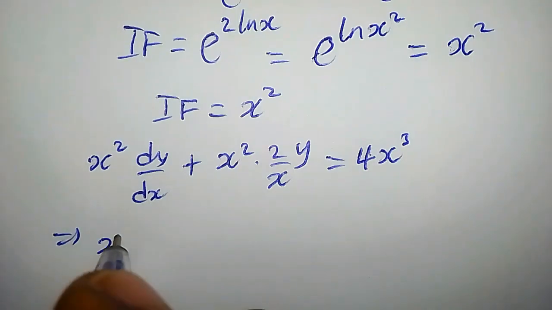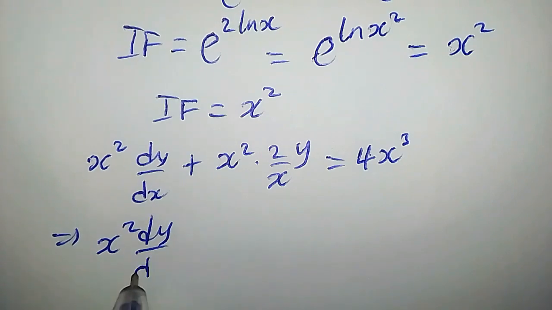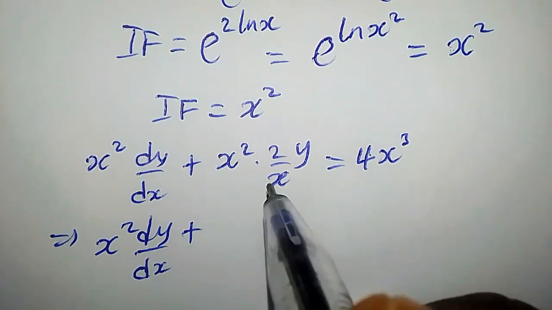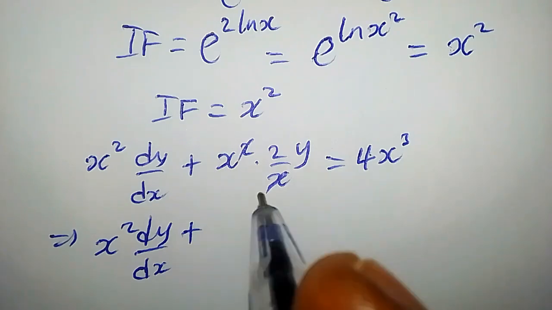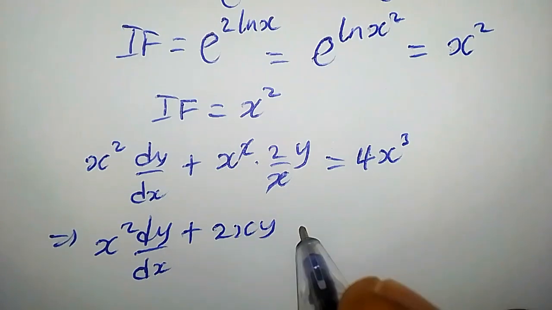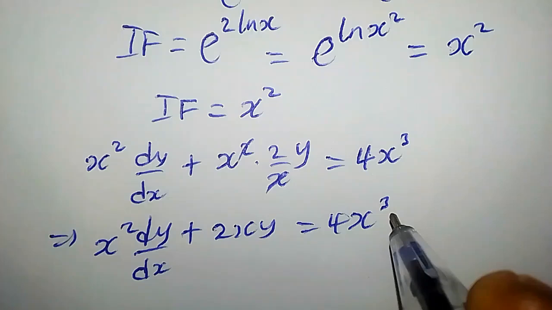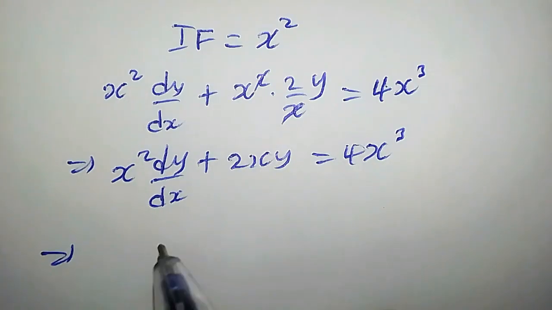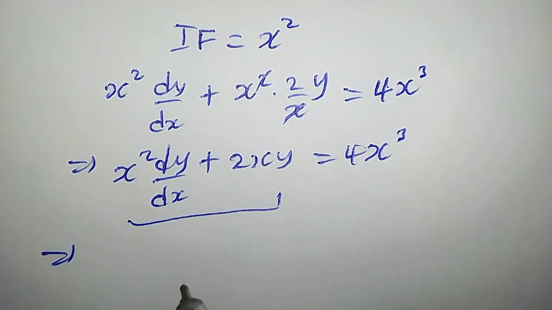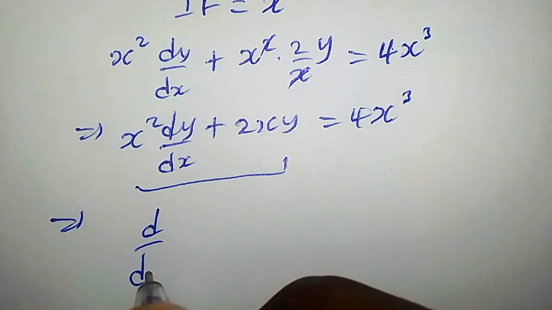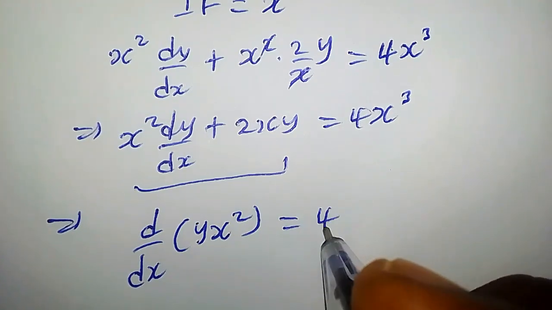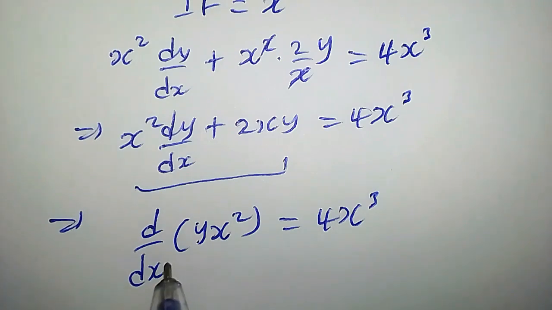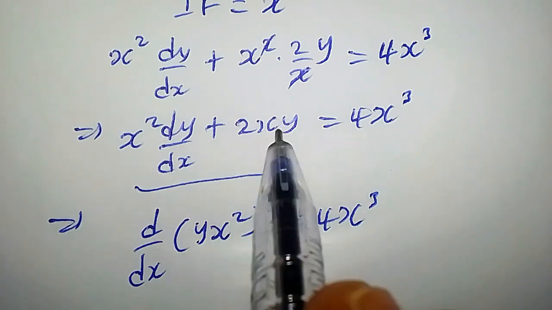This means that x squared dy/dx plus, x cancels x, we are left with 2 times x times y, which is 2xy, equal to 4x cubed. This means that this whole left hand side could be written as d/dx of (yx squared) equal to 4x cubed. That is, by the product rule, you will have this back.